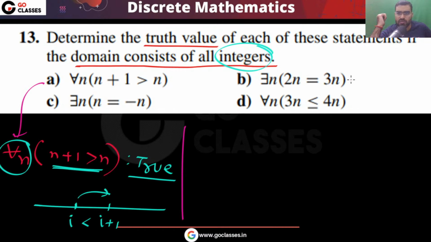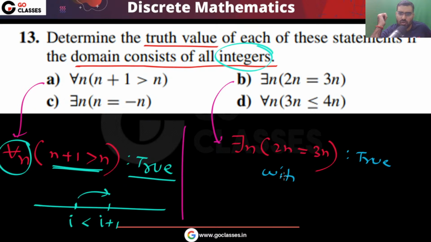What about the second one? There is some n such that 2n is equal to 3n. Yes, this is true, because you can take n equal to 0. Who is the witness? Who will make it true? n equal to 0 is the witness.